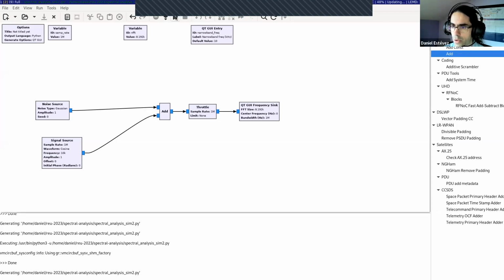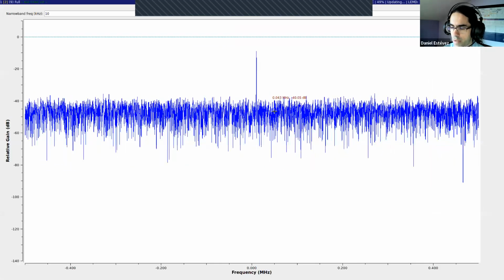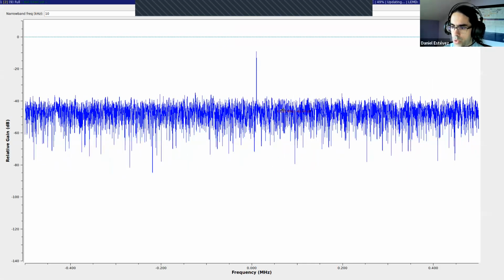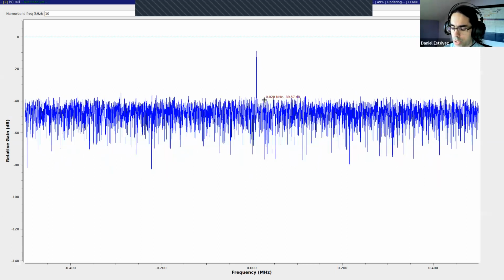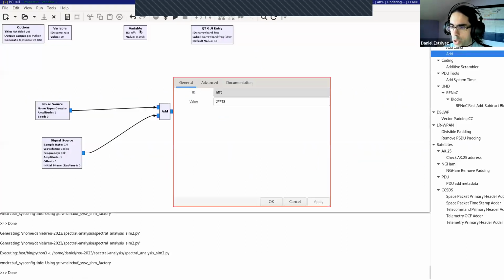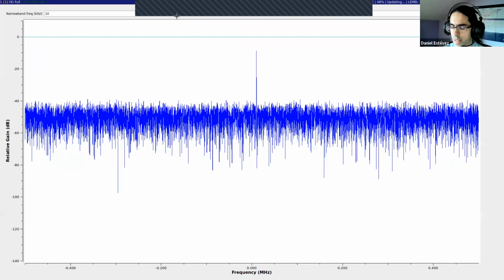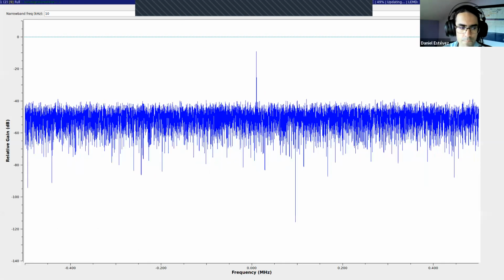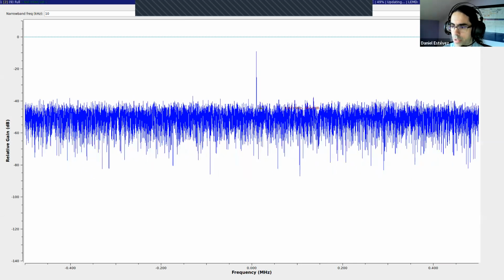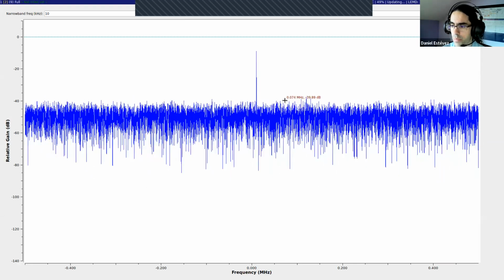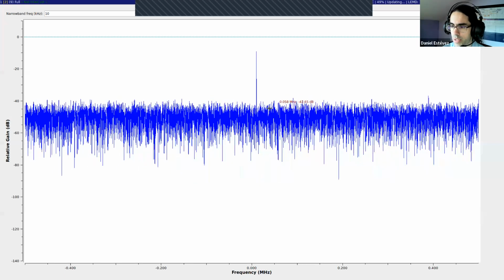We saw before that the noise the FFT is measuring corresponds to the noise power in 122 hertz. If we go back to the original FFT size, we would have the noise power in 61 hertz, because 61 is half of 122.